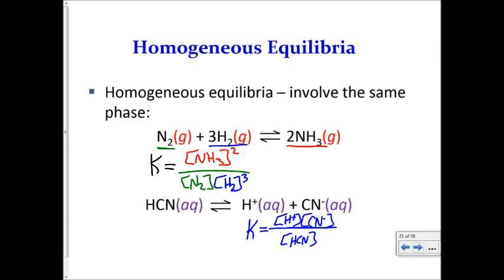Yes? What it will do for these particular problems, it'll either give you the equilibrium concentrations so you can calculate K, or it will give you K and a couple of the equilibrium concentrations so you can figure out the concentration of the one that's missing. And sometimes, too, it will give you the K value, but it'll also give you initial concentrations. This is called the reaction quotient ones, where you're not at equilibrium yet.